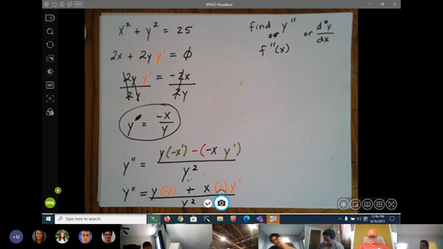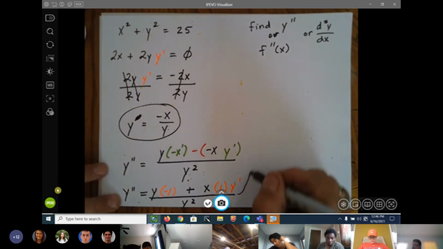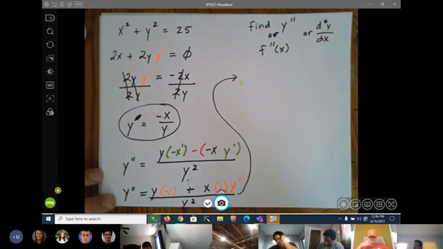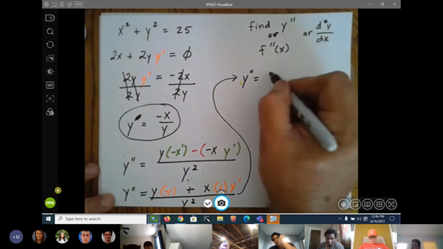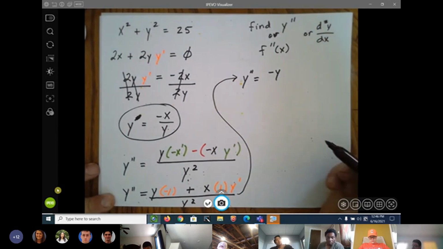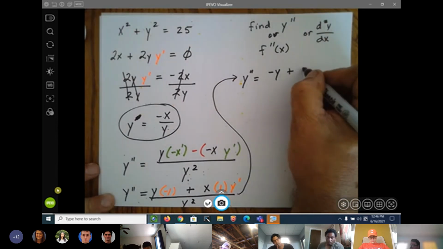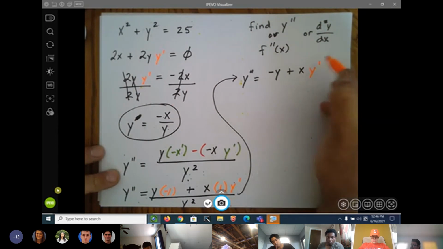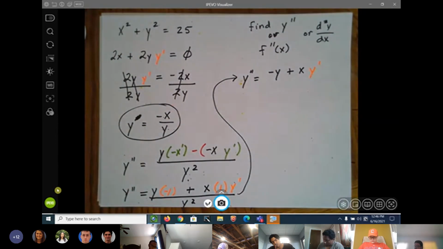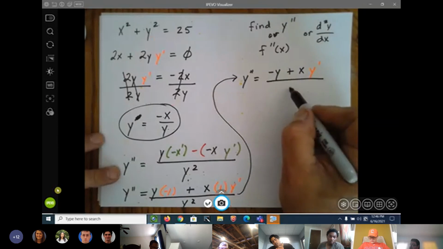So let's simplify it a little bit more. Y double prime is equal to negative y plus x y prime over y squared.